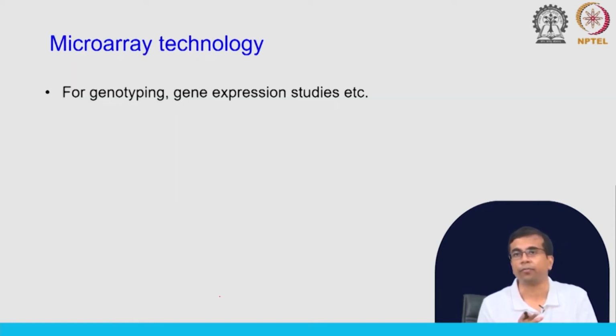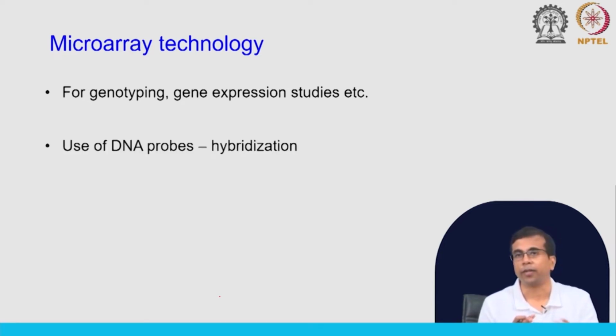Okay. So, what people thought about is that maybe we can speed this up by using something called microarray. Now, of course, this is not the solution to sequencing new genomes, but you can at least identify mutations, do genotyping and also do some sort of gene expression studies using this microarray technology. Okay. So, what does microarray technology do? It uses something called DNA probes which are present on a solid surface.